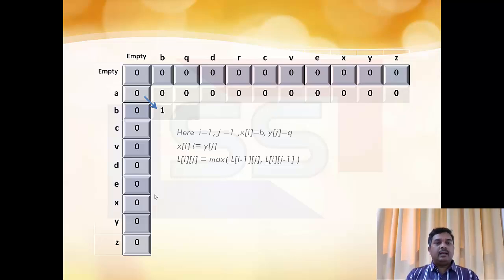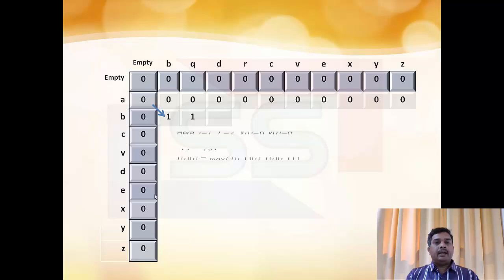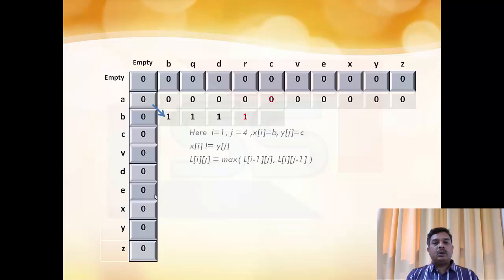And for the second element we are going to compare B and Q, so that's why we are going to take the maximum. B and D, they are not same, we are going to take maximum. B and R, not same, take maximum. B and C, not same, taking maximum.